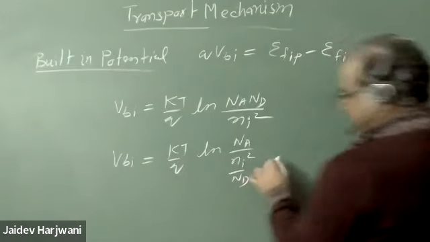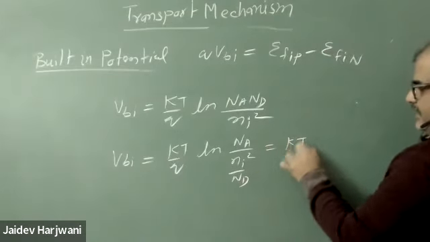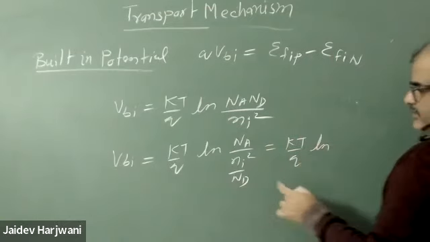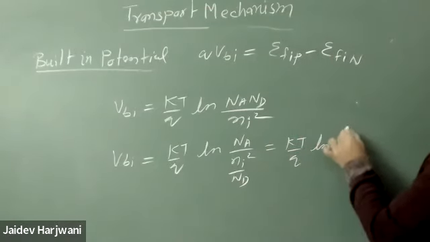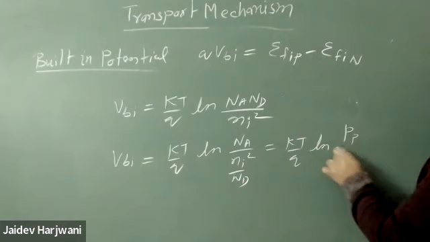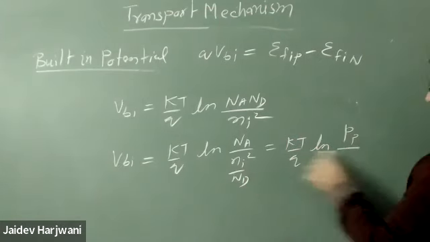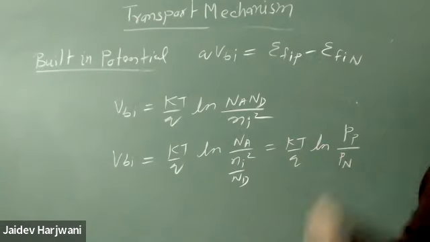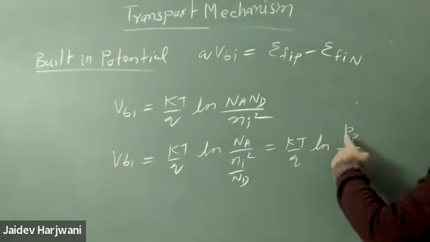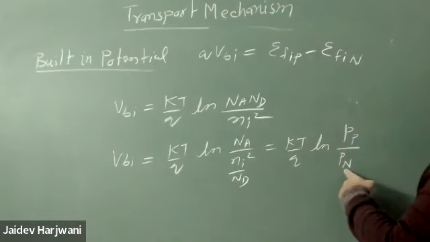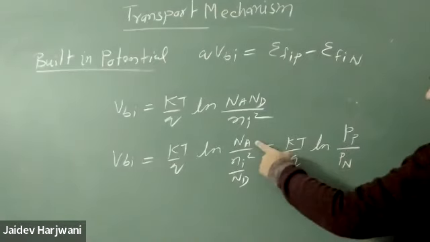So I know what this is. I can write KT upon Q ln, where Na is holes in p-type material, and Ni square upon Nd is holes in n-type material. So this is the ratio of majority charge carriers to minority charge carriers.